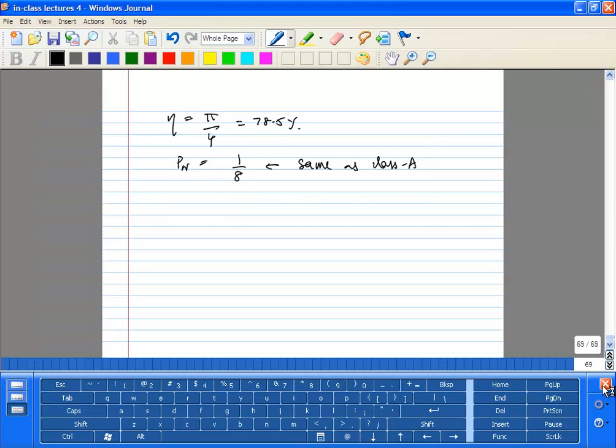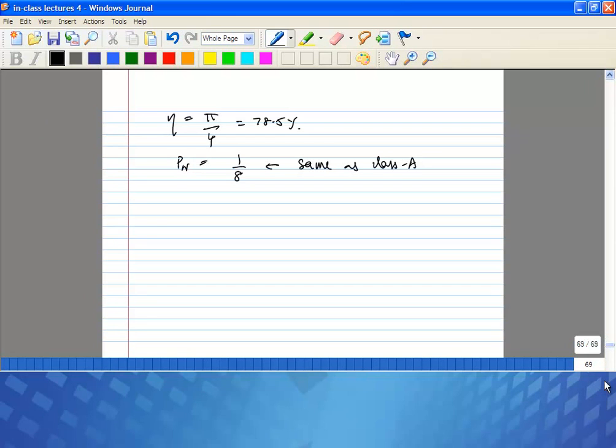So what does this mean for the way you bias the transistor at the input? Obviously it's all to do with biasing. You want to have a certain amount of current.